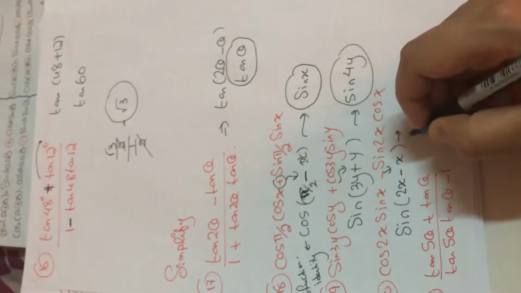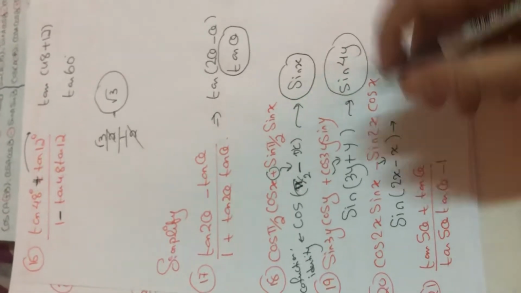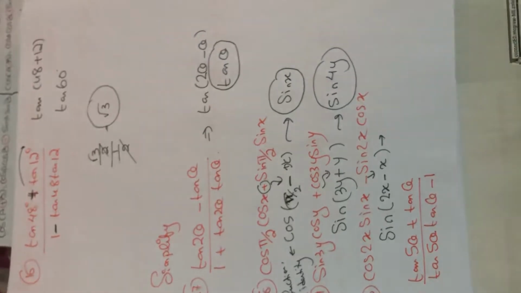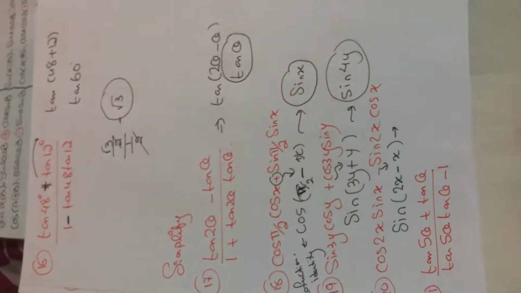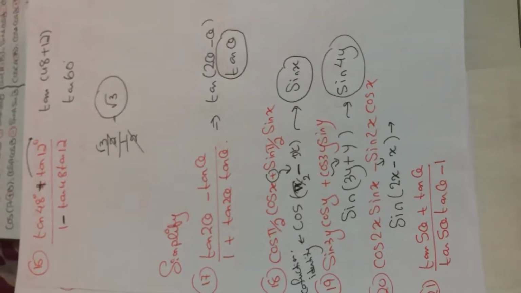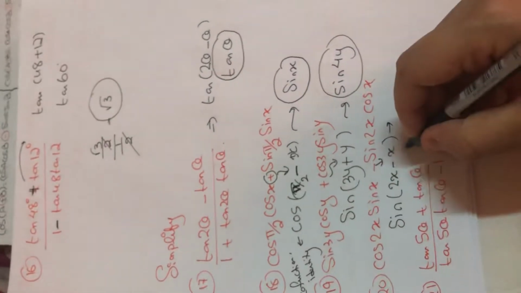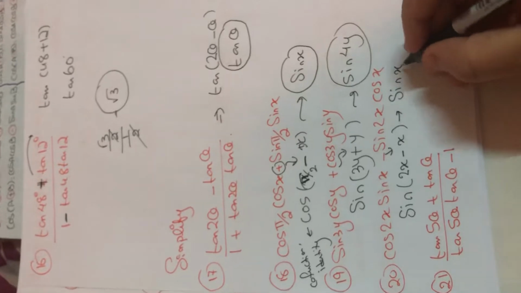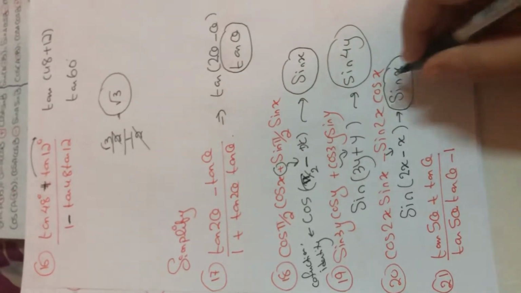Or I can say that the answer is, just a second, number 20. Yeah, the answer should be sine 2x minus x, so it has to be sine x. Okay, so the answer is sine x.